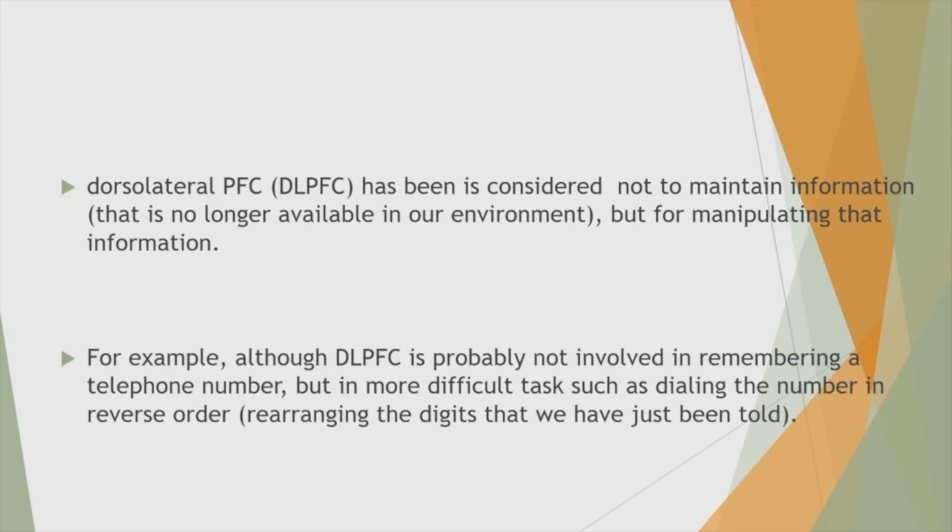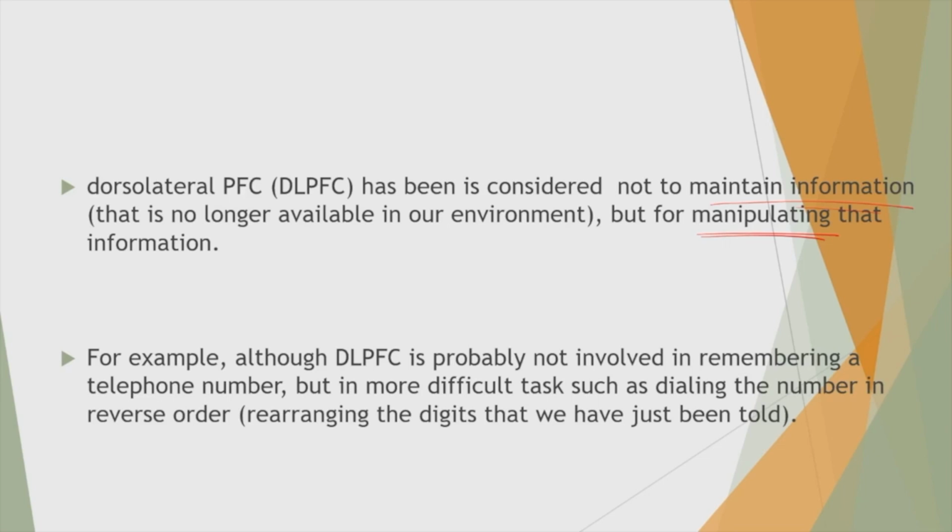Similarly, there is the dorsolateral PFC, which is considered to maintain information that is no longer available in the environment, but can be used for manipulating later. So, this information is no longer there in the environment, you are keeping it in your mind for later manipulation.